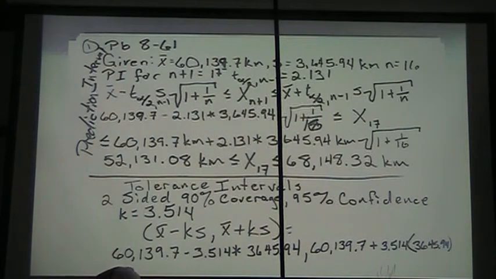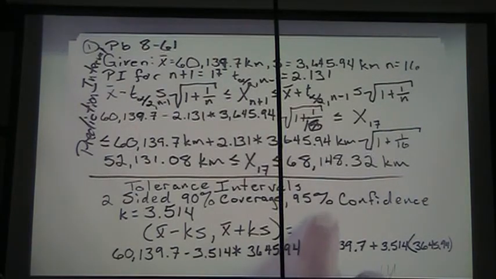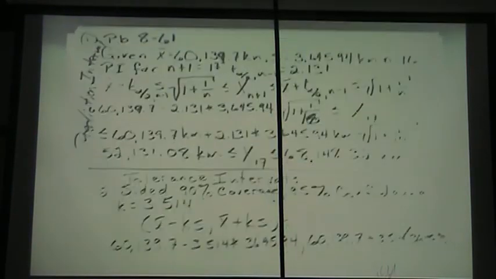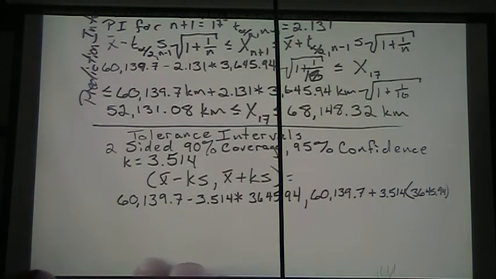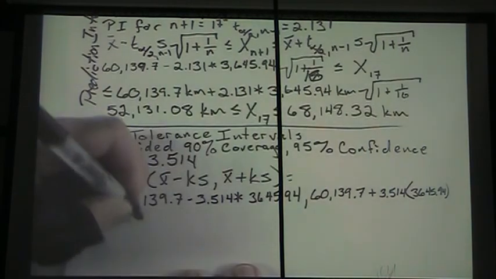All right, so our tolerance interval with this set of tires that we have been testing to include 90% coverage at a 95% confidence level is 47,327.87.